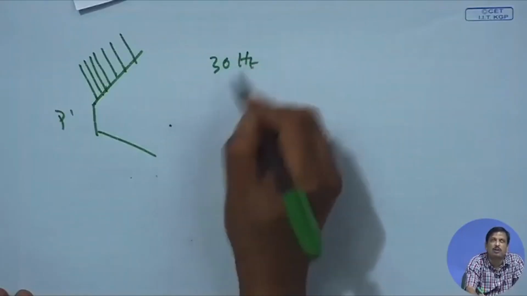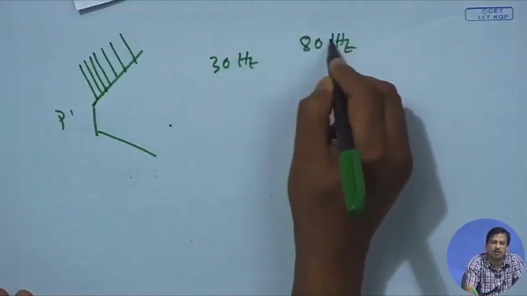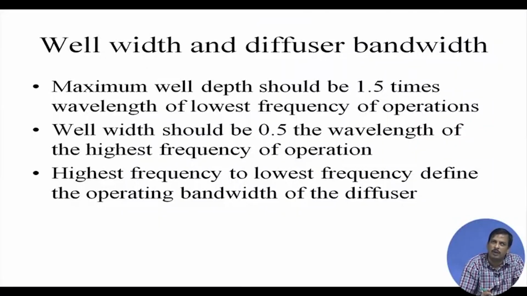If it is only for a speech auditorium, then 80 hertz is the lowest frequency. So, I know the lowest frequency, then I know the wavelength, and 1.5 times the wavelength will be the depth. Okay. Then the well width should be 0.5 times the wavelength of the highest frequency of operation.